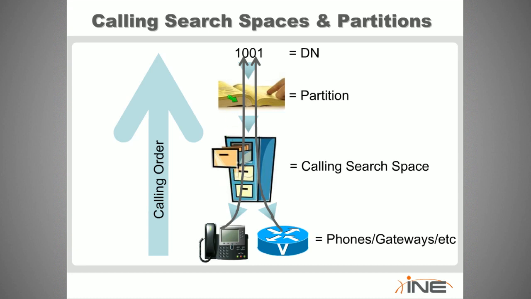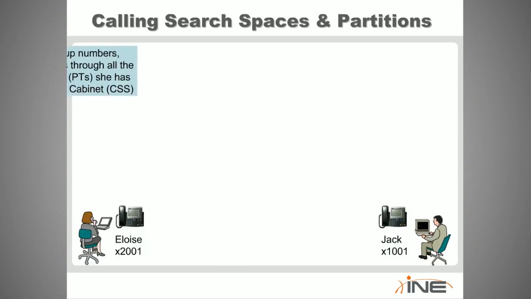I'm using my calling search space to find, on that inbound call, directories and outbound DNs. If a call's coming in from a gateway, from the PSTN, it uses its inbound call routing calling search space to look for directories or partitions with DNs.